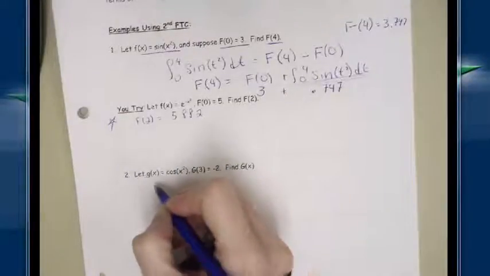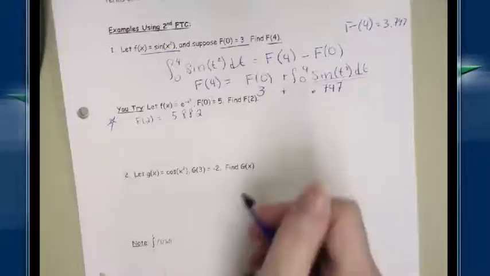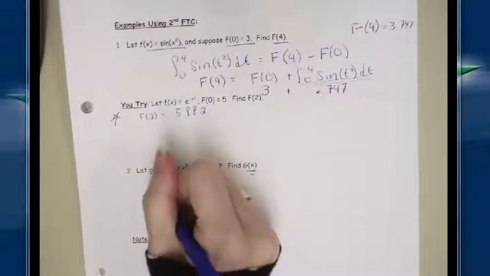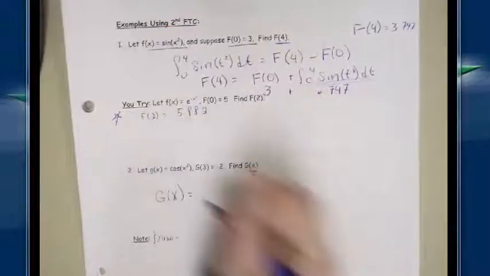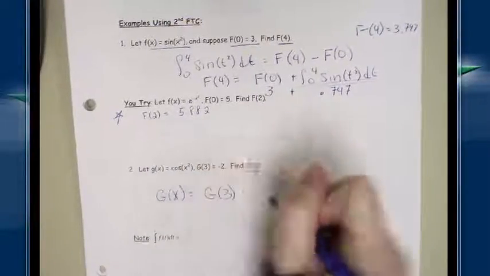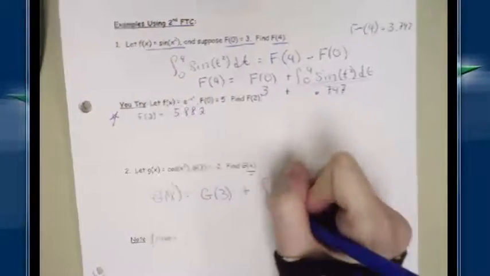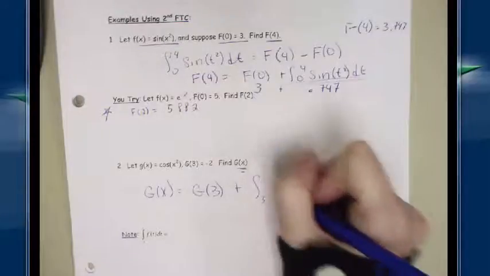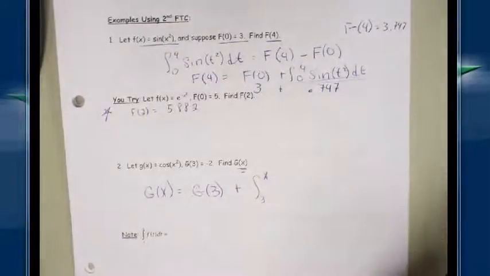One more right here. Let's look at this. So we're going to say we want it in terms of x. So g of x equals g of 3 plus the integral from 3 to x. Okay, you want to leave it like that.